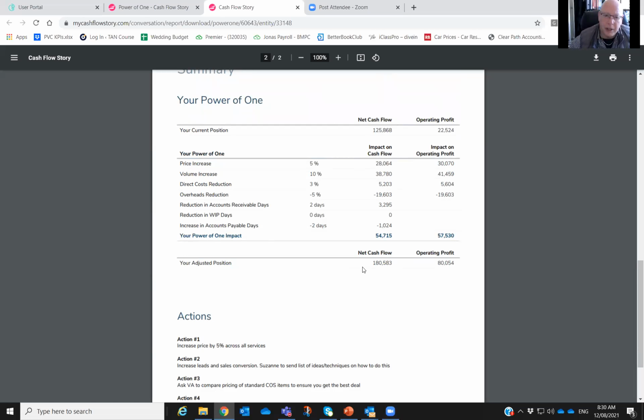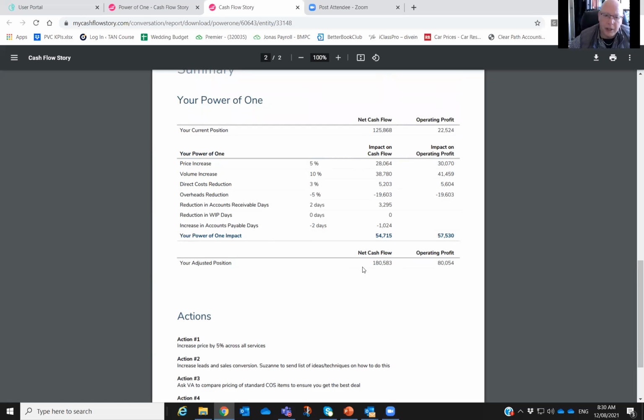So yeah, this is a high level conversation. We're starting with a high level. Then we can drill down and say, well, what does that price increase look like? Is it for every service? Is it just in general? Is it specific? Then we're looking at your volume. How do we get more leads? And then we talk about those little things.